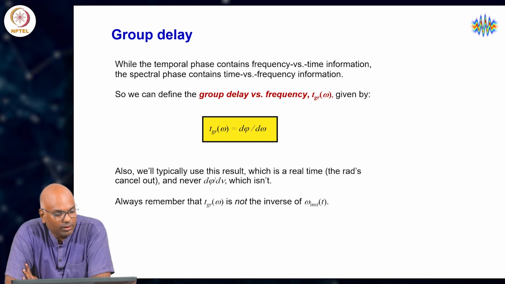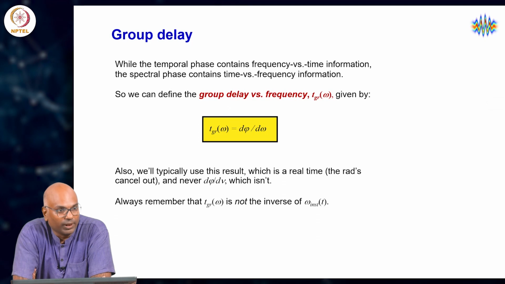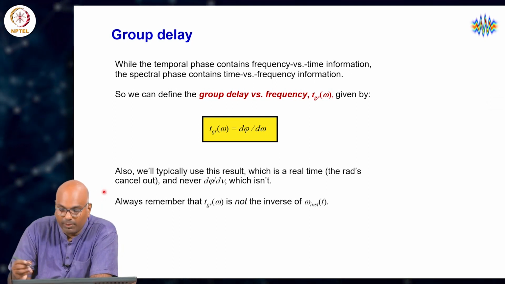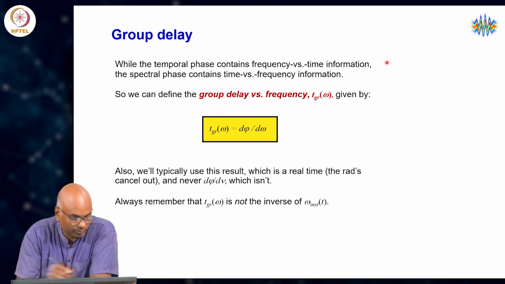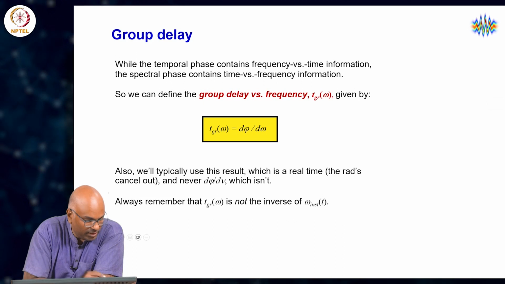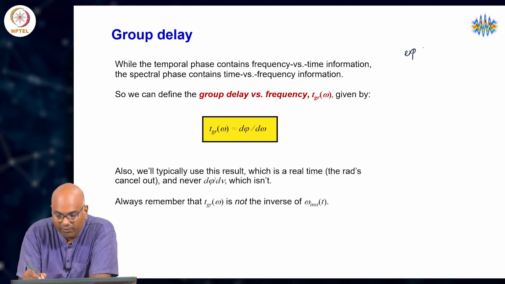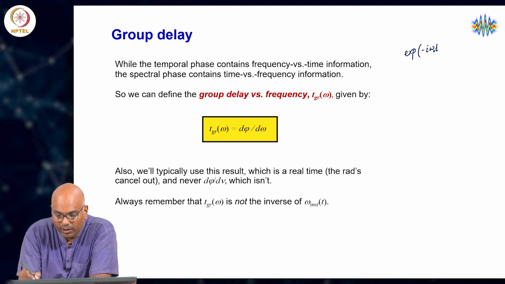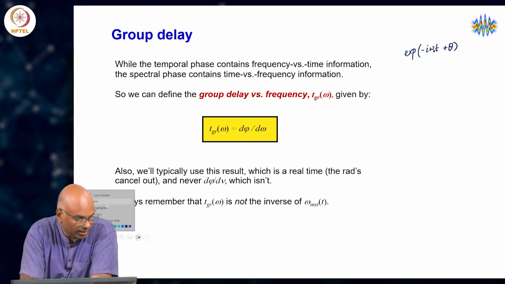Now, the next notion comes about from the following. Earlier, the notion of instantaneous frequency came about from the fact that the phase term that we had in our description of the simplest wave of consideration had minus omega naught t plus a theta. We generalized this theta.